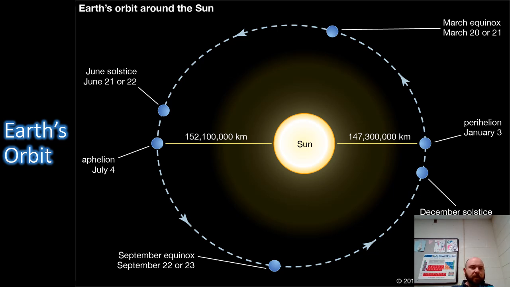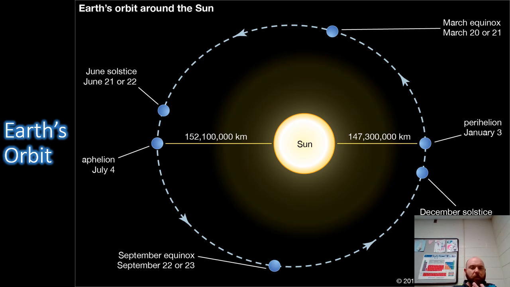So Earth, you can see, travels in an almost circle. This is not supposed to be a perfect circle. Earth's orbit, or Earth's revolution around the sun, is very, very circular. It's almost a circle, but it's not quite. We say that it is an ellipse because it's kind of a squished circle, just ever so slightly elliptical path around the sun.